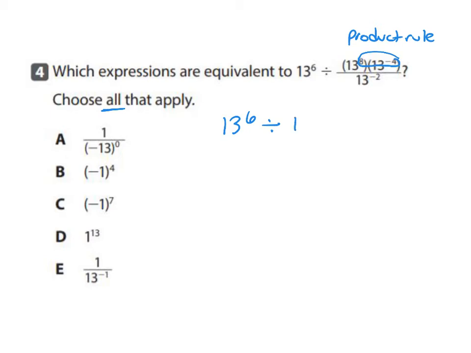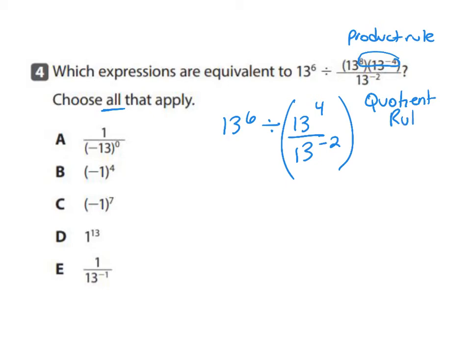So I have 13 to the 4 over 13 to the negative 2. Now PEMDAS comes in again. I would need to do this 13 to the 4 over 13 to the negative 2 first. So remember, it's a quotient rule. So I'm going to subtract 4 minus negative 2. I'll write that. Minus a negative is adding.